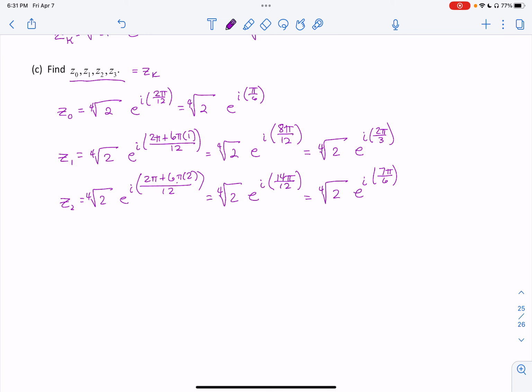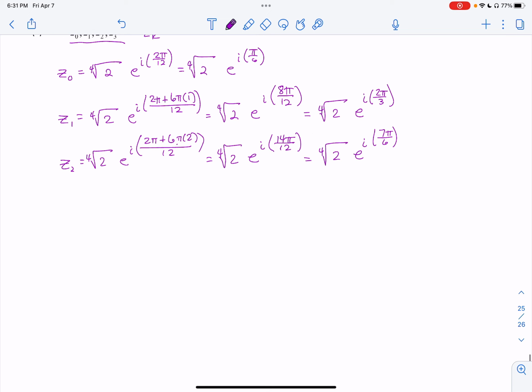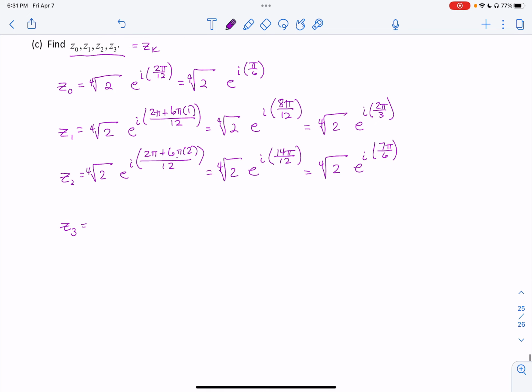I'm still in 0 to 2 pi. Notice that I'm over pi, but still under 2 pi. My very last root is z sub 3, because now I have 1, 2, 3, 4 roots here. So I have the fourth root of 2, e to the i, 2 pi plus 6 pi times 3 this time over 12. That gives me the fourth root of 2, e to the i, and this time I have 18 plus 2, so 20 pi over 12.